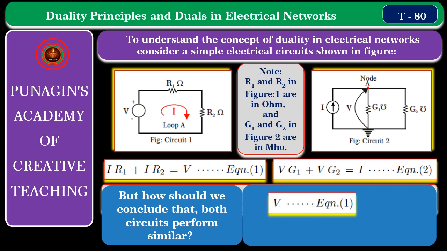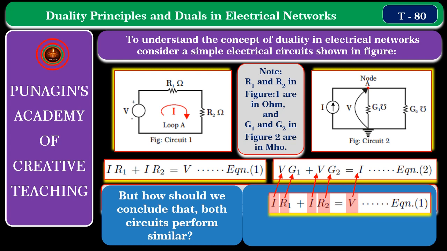Friends, consider equation 1. If we replace I by V, R1 by G1, R2 by G2 and V by I, we get equation 2. Though the terms in equation 1 and equation 2 are different, their performance is same if the corresponding parameters are exchanged.